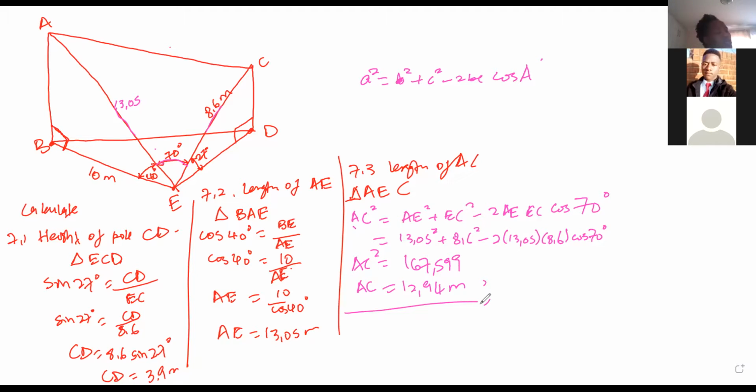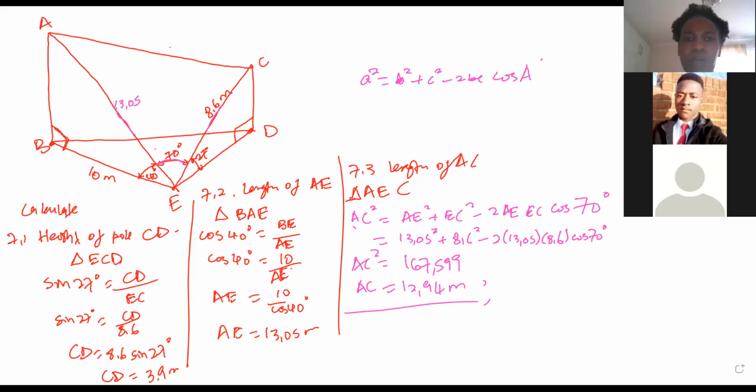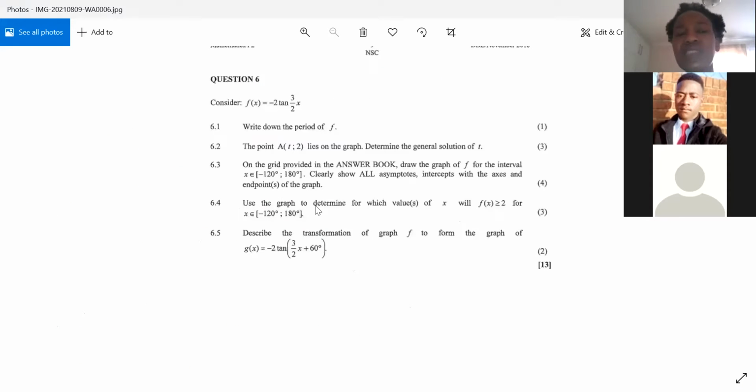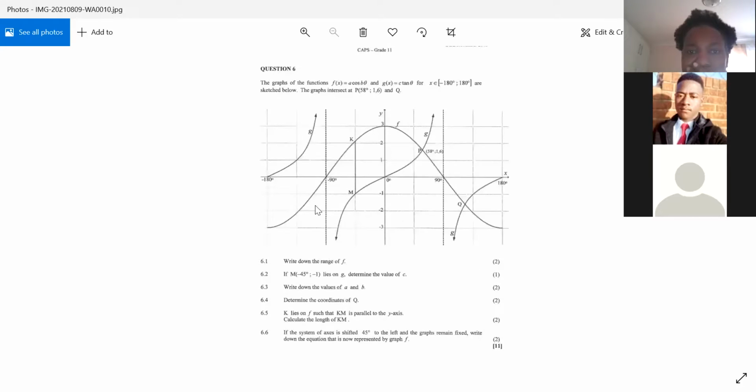I can give you guys the last one on those graphs, the trig functions. Let's see which one we're going to do. Choose quickly. On the trig functions, we've got this one where you are given just the function, this one, or this one.